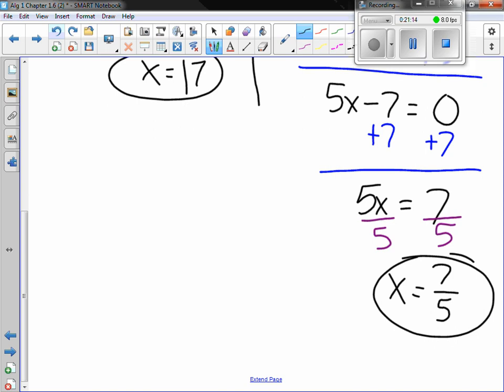And then get the variable by itself. So if we have to multiply or divide, we do that last. So does that kind of make sense? So we try to simplify: parentheses, group like terms, variables on one side, everything else on the other, get x by itself, or the variable by itself.